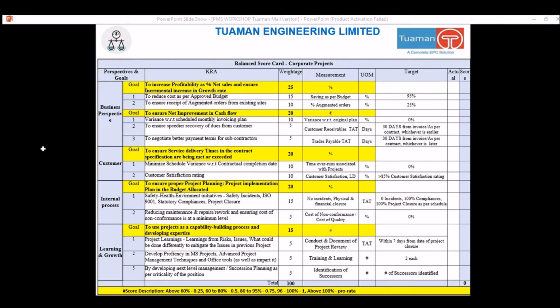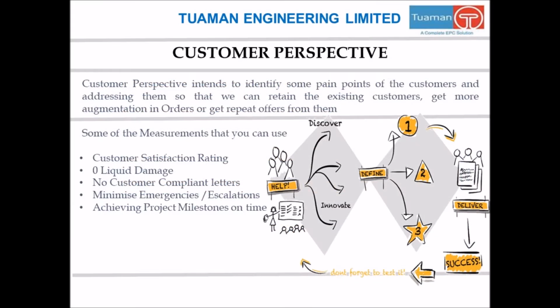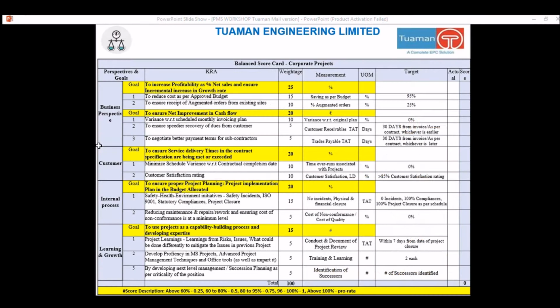In the business perspective, you talk about the money part of it or your major business KRA. In the customer perspective, you talk about how you ensure that the pain points of a particular customer are reduced. So you can ensure delivery and service times in contract, which would make the customer happy.